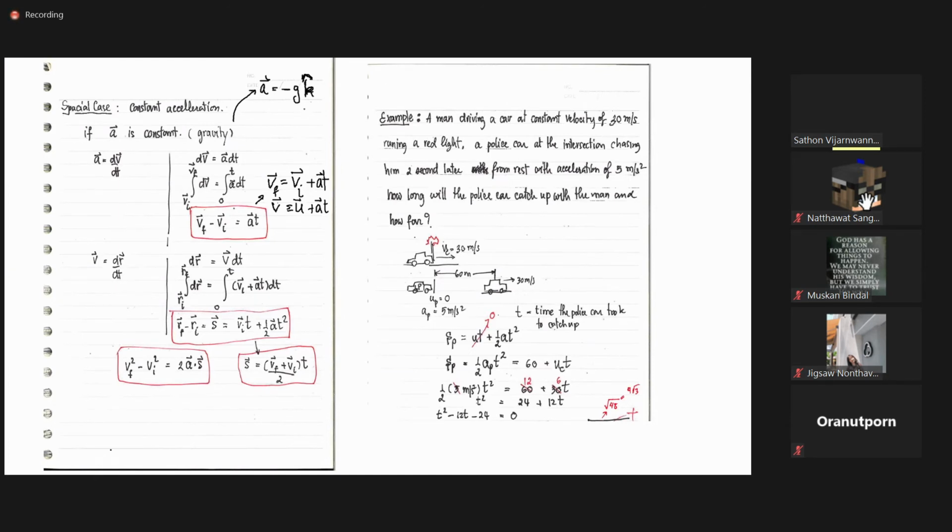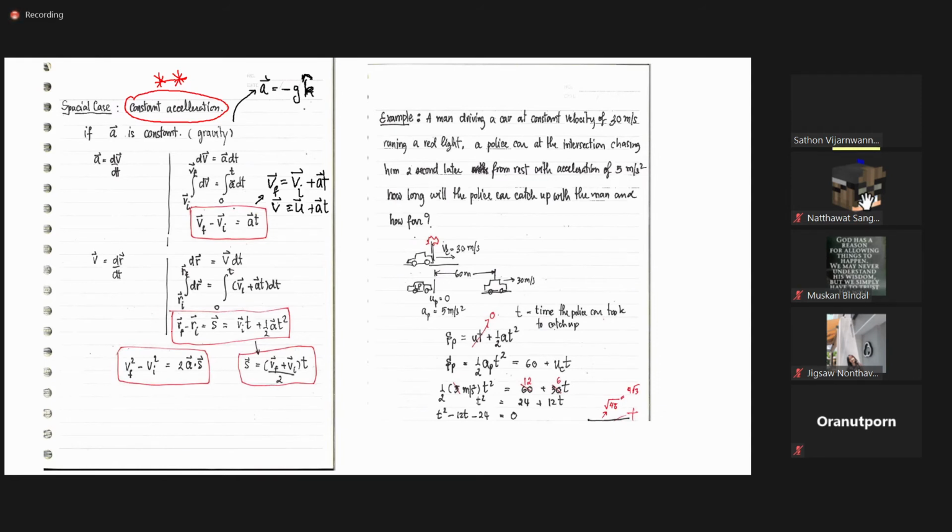I have to remind you that this equation is correct only with constant acceleration. This is very important. If acceleration is not constant, you cannot use this formula, the one circled in red.